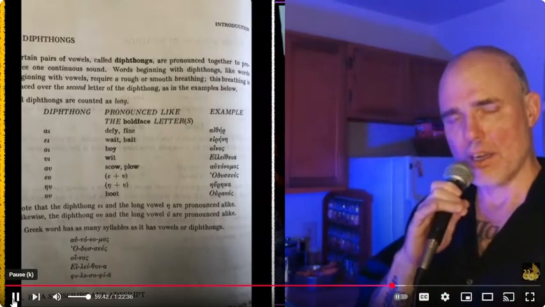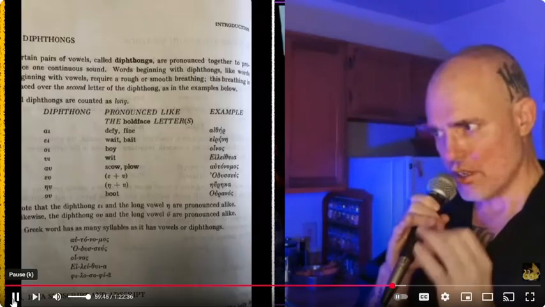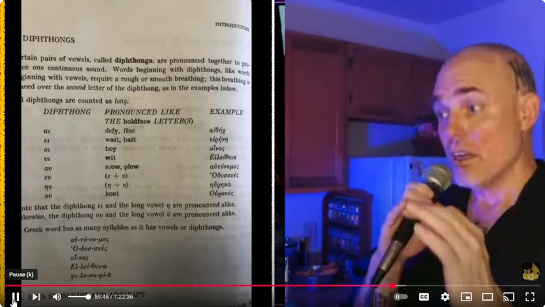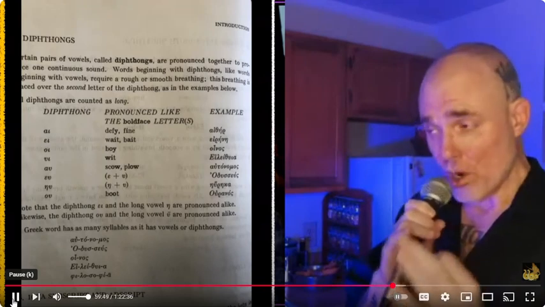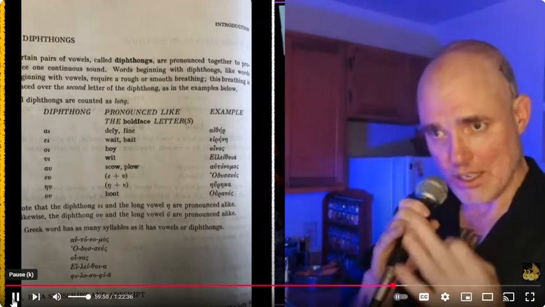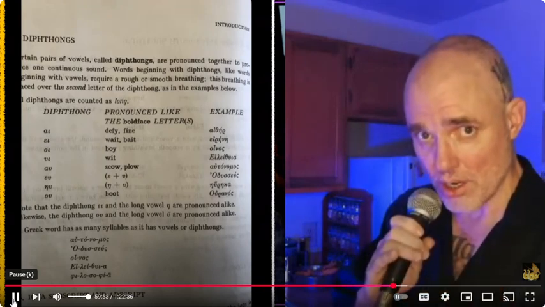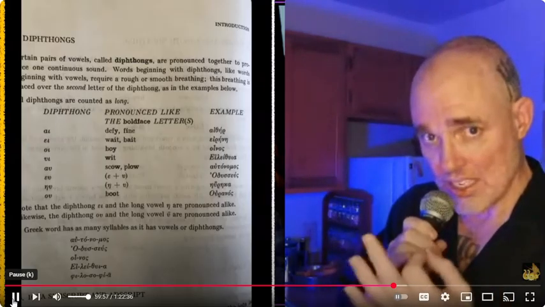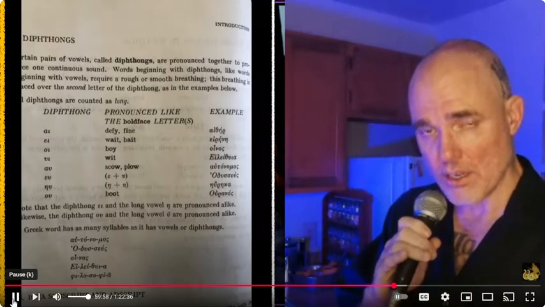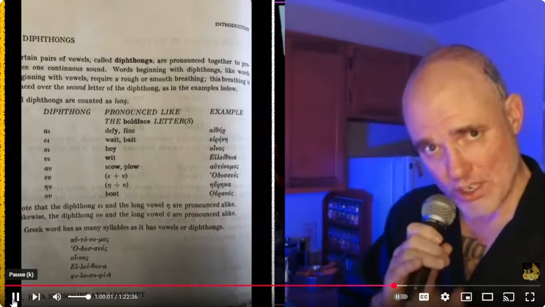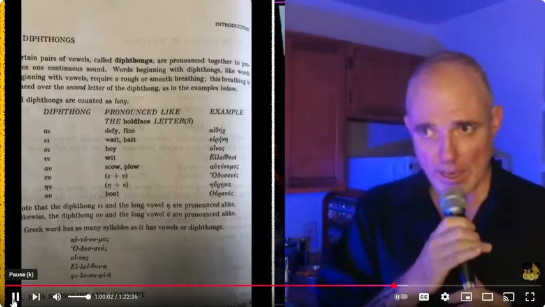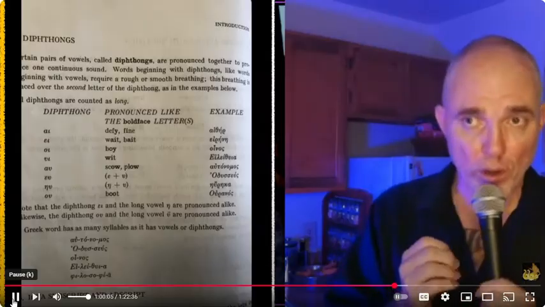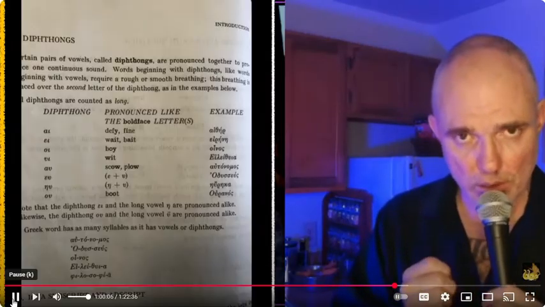Wait, what? Those are the 7 spheres of the cosmos. What is cosmos? It is the organization of the universe. The organization has those 7 vowels: alpha, epsilon, eta, iota, omicron, upsilon, omega.